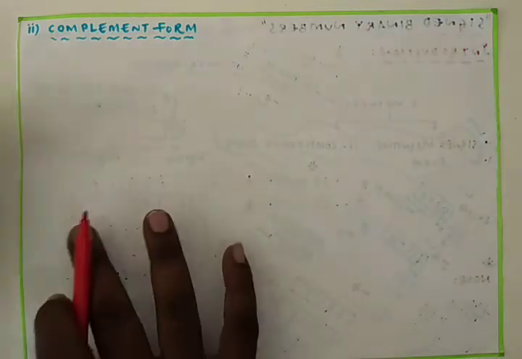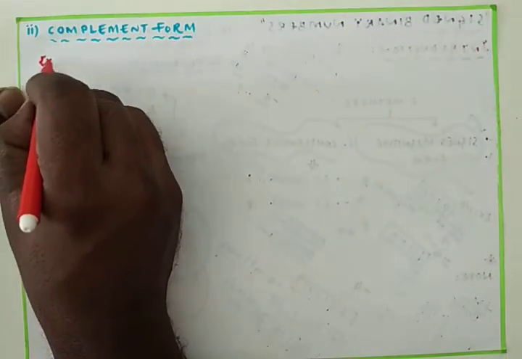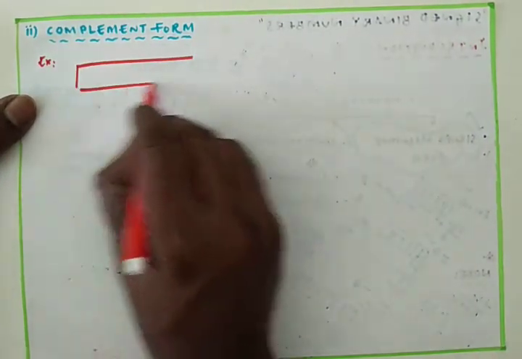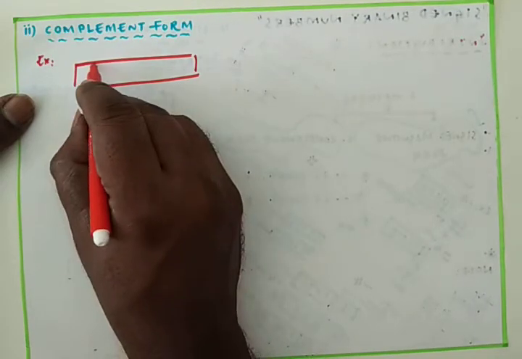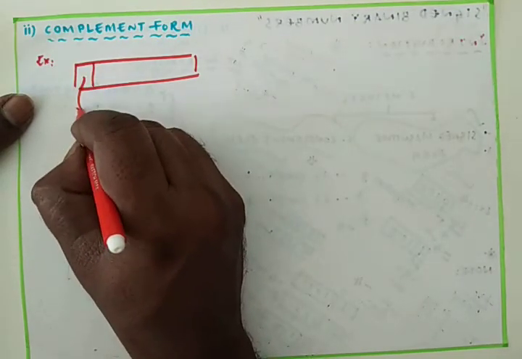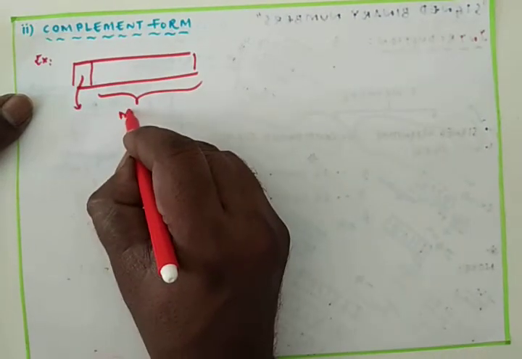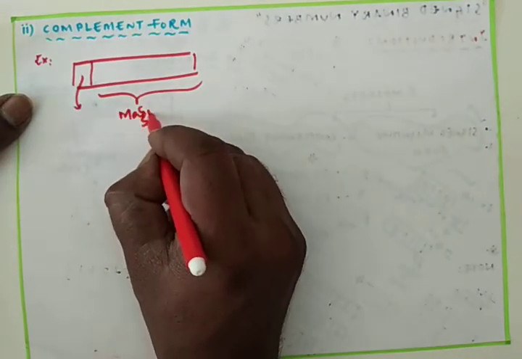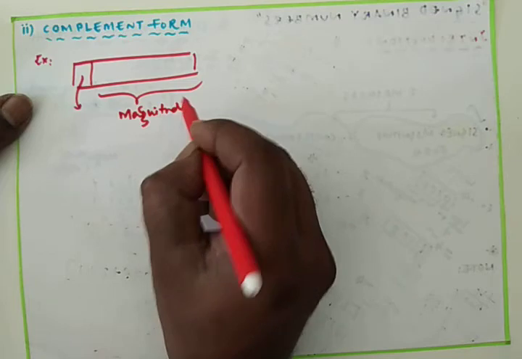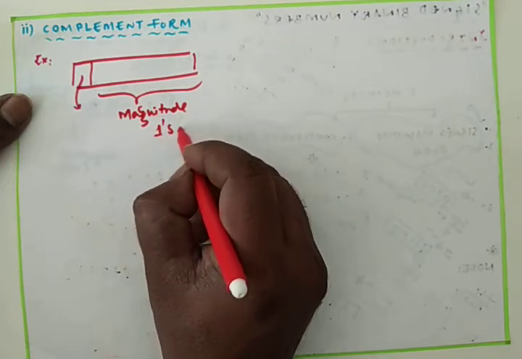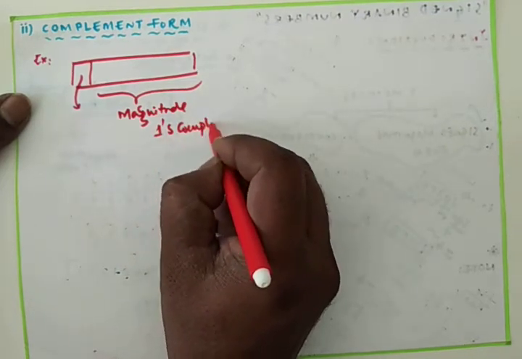Example, I am going with the complete structure. Here in ones complement form, as we know this is a sign bit, and here the magnitude is represented in ones complemented form.